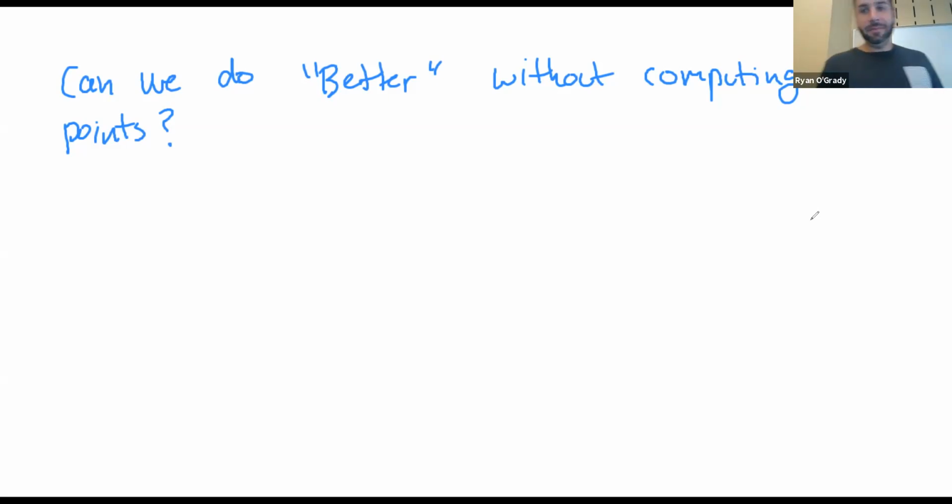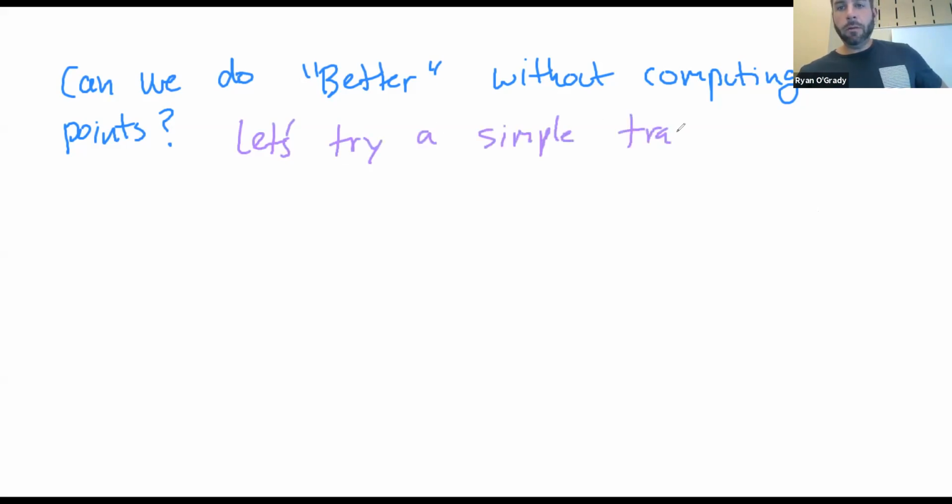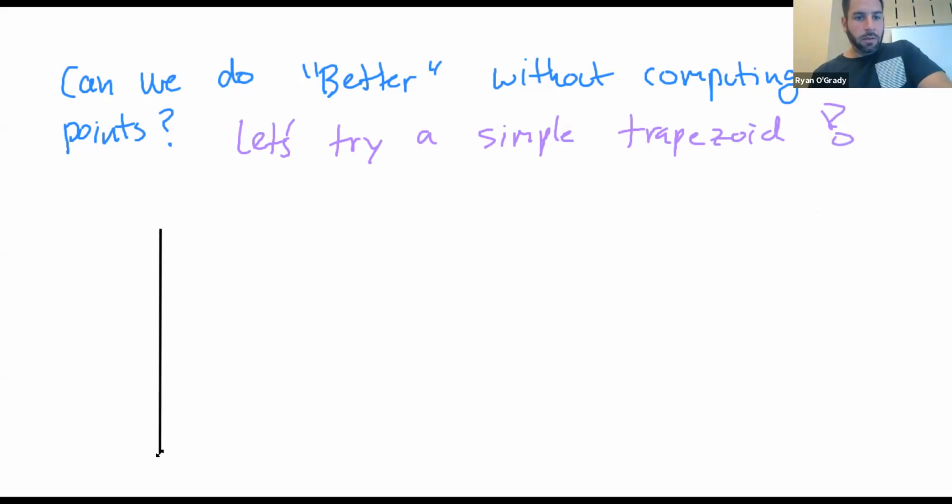All right. So here's the answer. Let's try a simple trapezoid. So what we'll do is draw this out and say, oh my God, O'Grady's on to something, and the 5th graders, these crumb snatchers, are on to something.